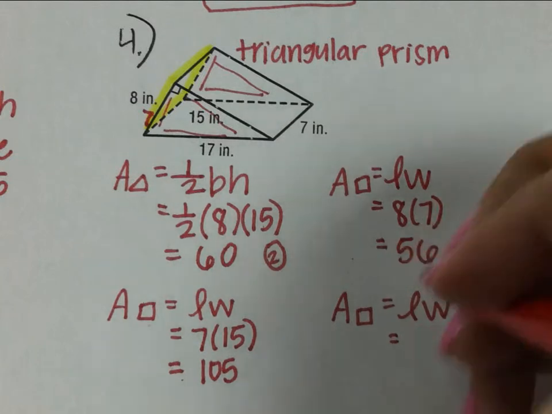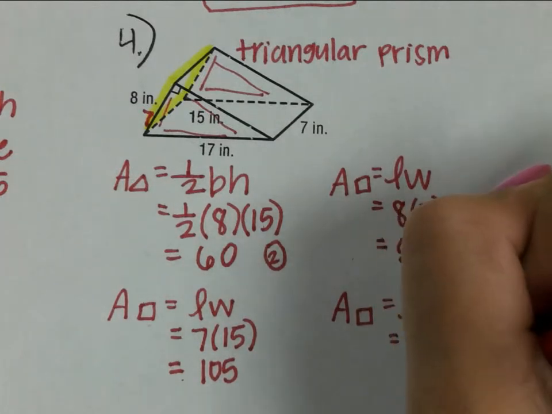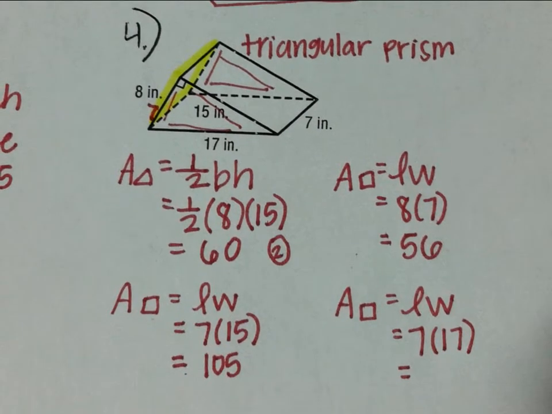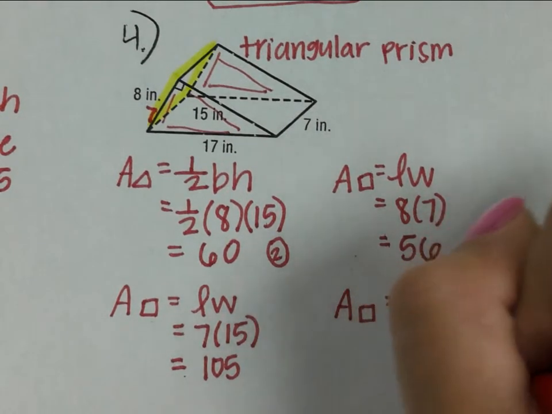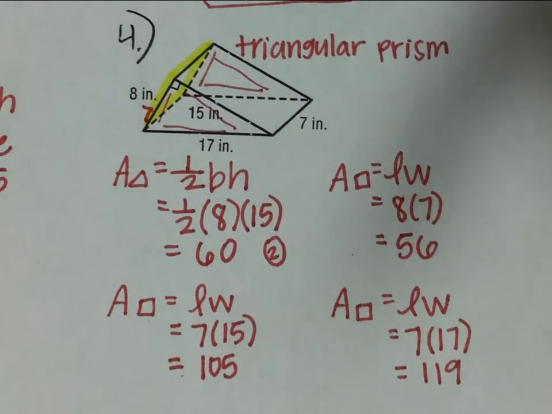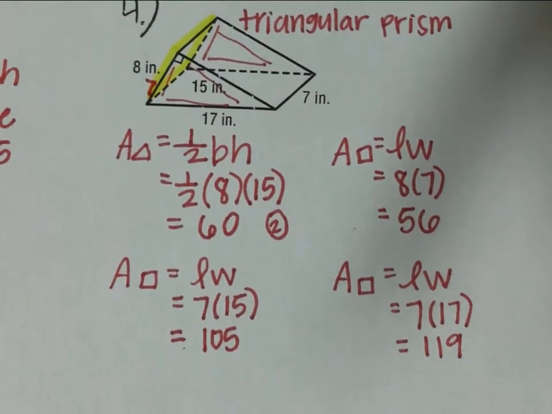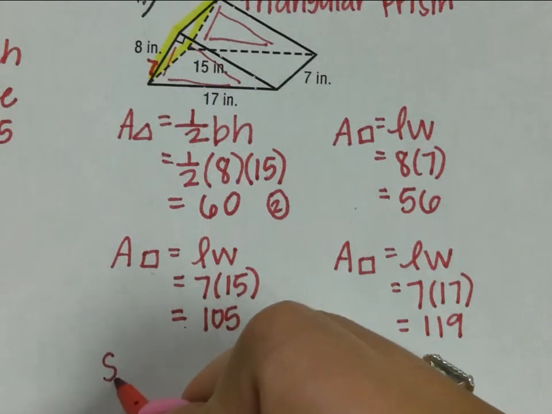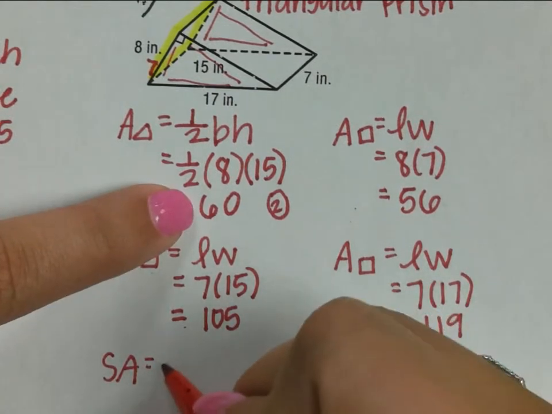17 and 7. Good. 7 and 17. So what do I get when I multiply those? Thank you. 119. So now that I know the area of all my faces, what do I do with them? Add them together. So surface area should be 60.